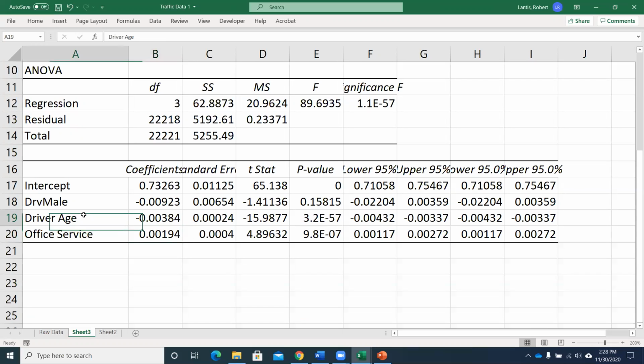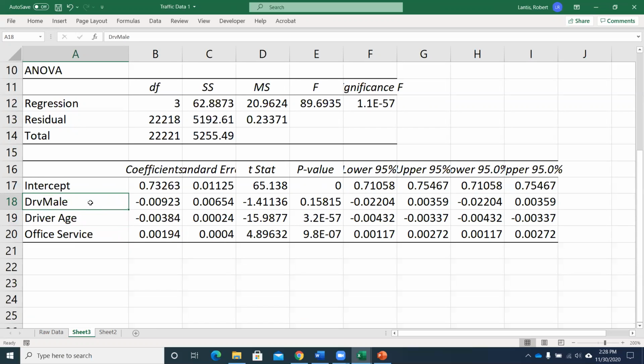We would interpret the driver's age as follows: as a driver gets 1 year older, if they get pulled over for speeding, they're about 0.003 or 0.004, so roughly 0.4% less likely to get a ticket, which makes sense, right? You do a lot of dumb things when you're a young driver that make it more likely you might get a ticket once you're pulled over. For the officer's years of service, maybe they just become a little bit harsher as they are on the force longer.